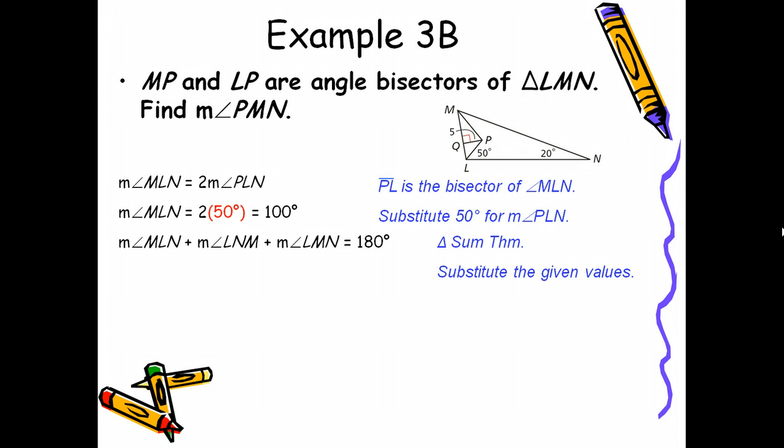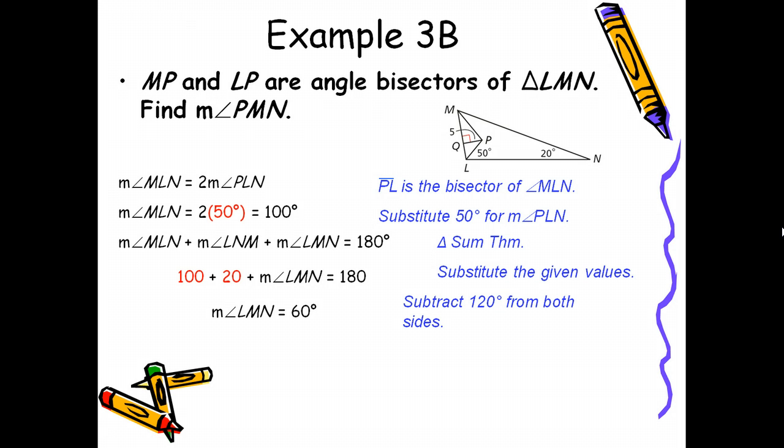We substitute the given values that we have. 100 plus 20 plus LMN equals 180. Subtract 120 from both sides and we have the measure of LMN is 60 degrees. So that's LMN.